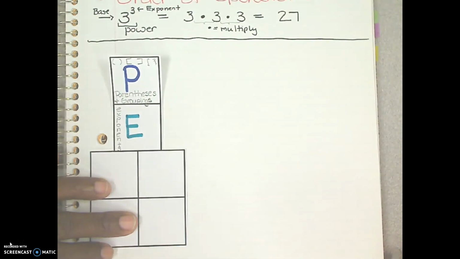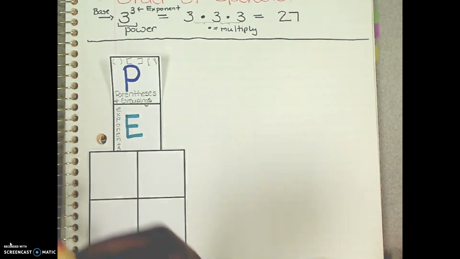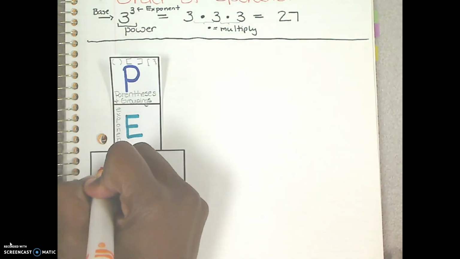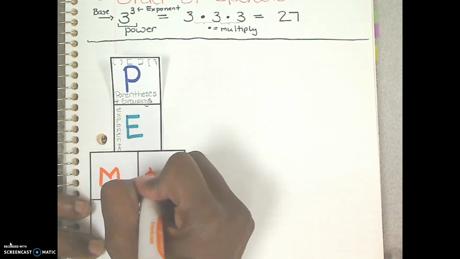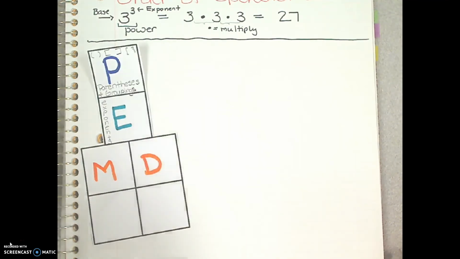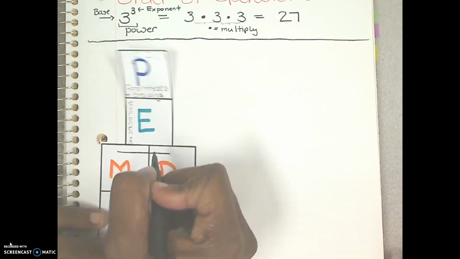Okay. Now the next one, I want you to do it in the same color because it's whichever one comes first. We're going to multiply or divide in the order they appear, from left to right.